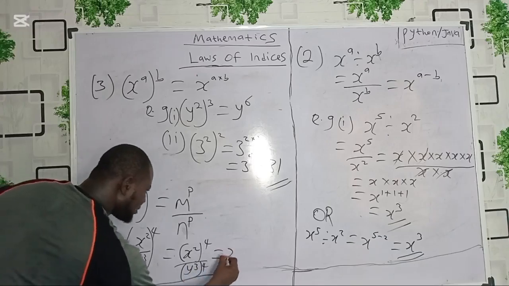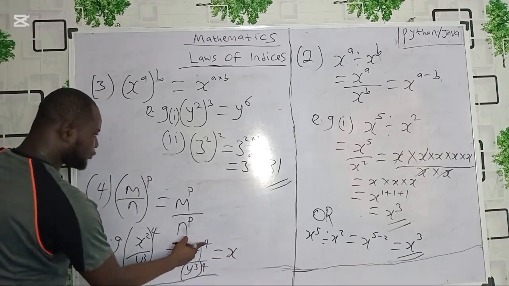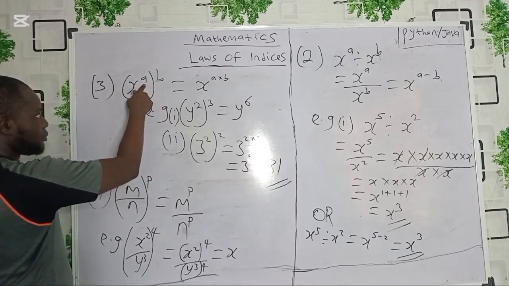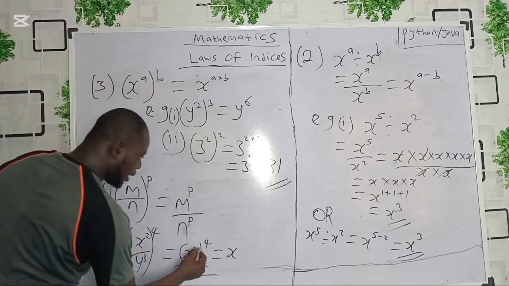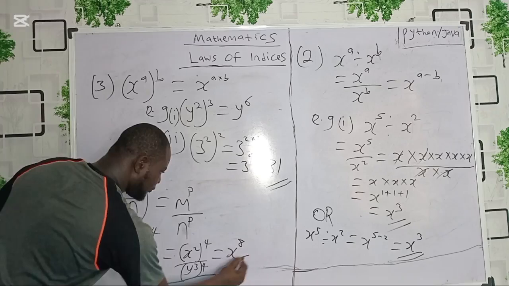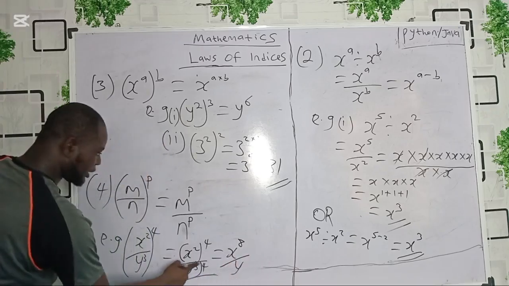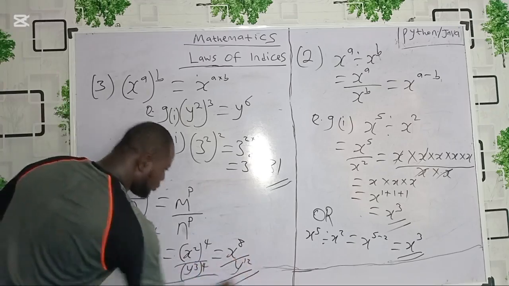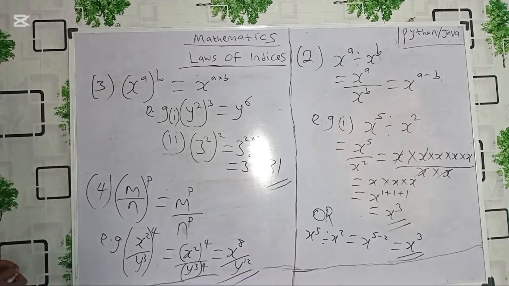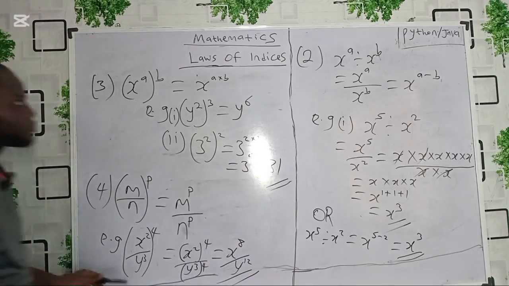This will now become x raised to power of 2 times 4. If I use this formula, can you see? This law 3. So now be 2 times 4, that's what? 8. Divided by y raised to power what? 3 times 4, 12. Simple as that. Are we getting it? Beautiful.